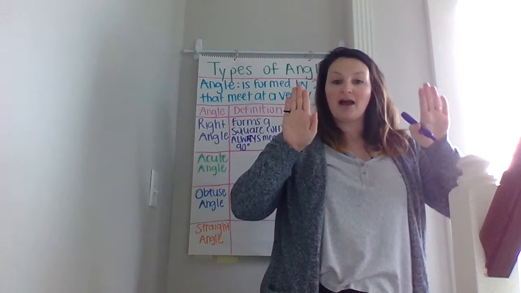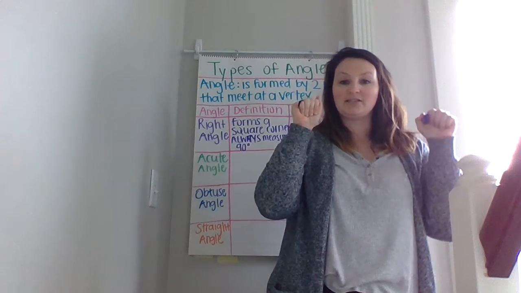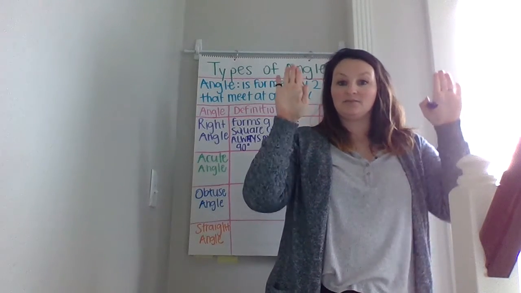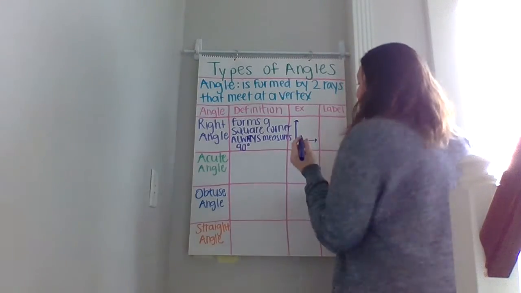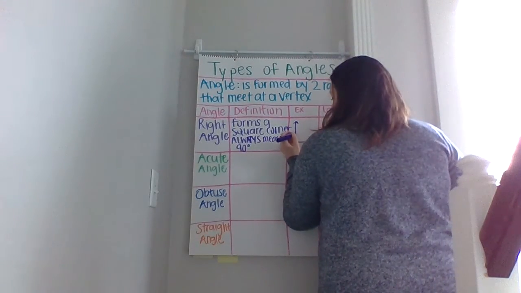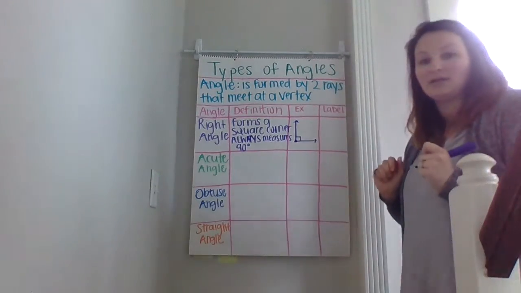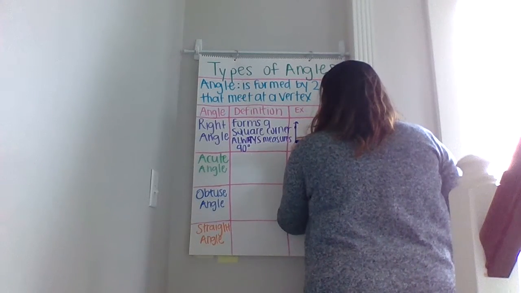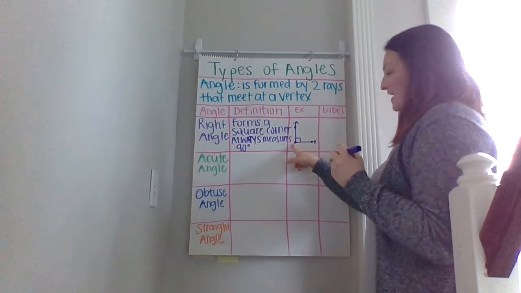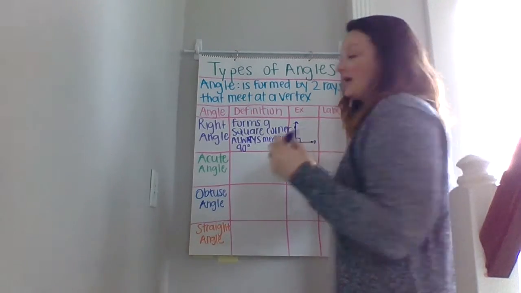And each of them should have your palms facing out. They're not points. They're rays, right? So one ray up and one ray out. The way that you can tell a right angle a lot of the time is that it has a square in the corner, okay? So here is the endpoint that they share. This is what we call the vertex, okay?